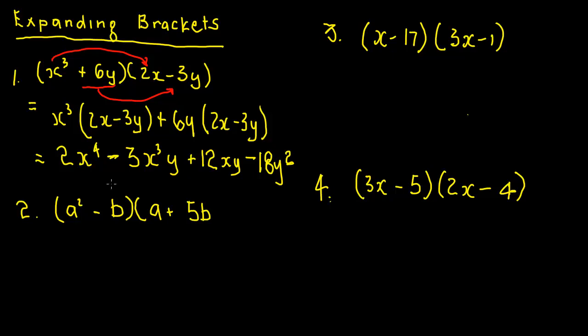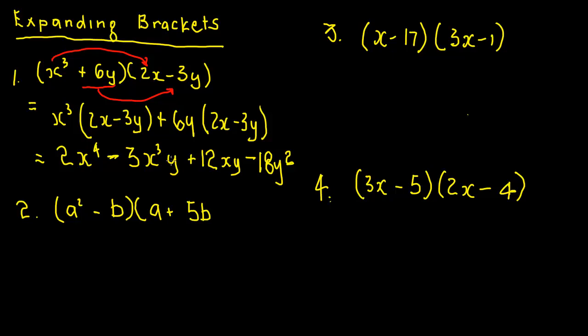And then we just collect all our terms together, simplifying as much as we can. That's the highest power of 4 there. In fact, that's as far as we can go with that, because there are no like terms.